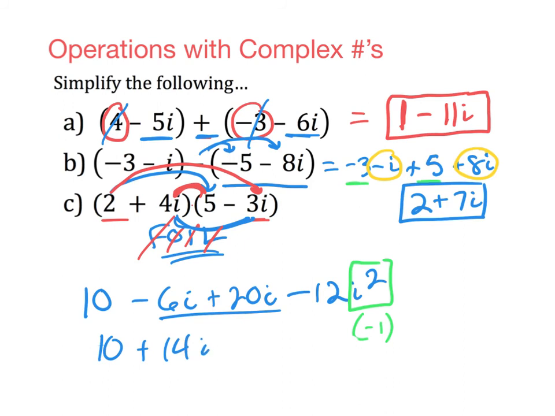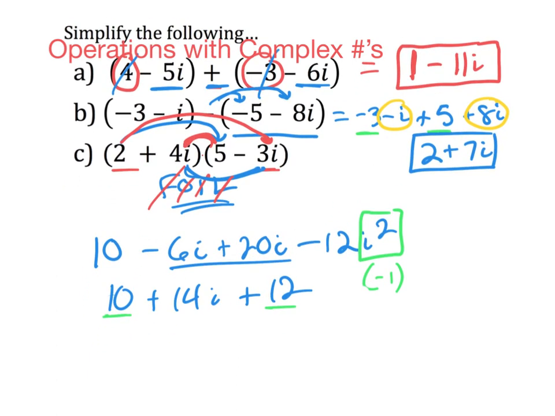That very last term, if I sub in -1, would actually make it +12 now, which allows me to collect these 2 constant terms. And remember, your answers, the real part is always first. So our final answer here would be 22 plus 14i.